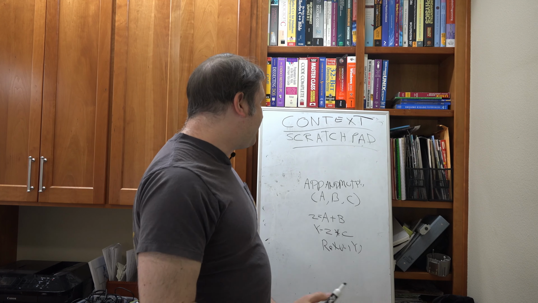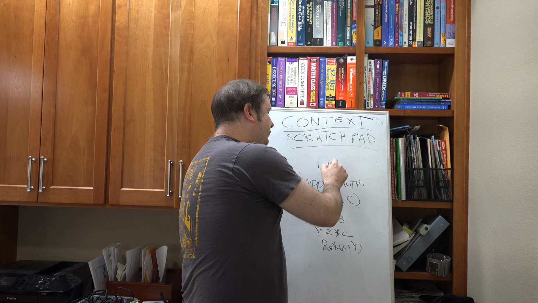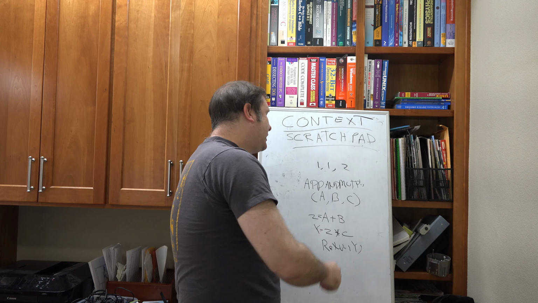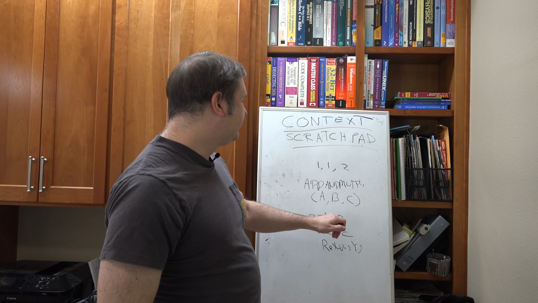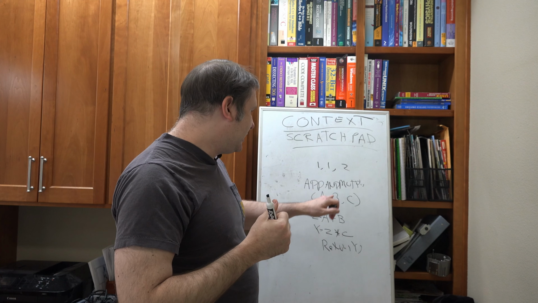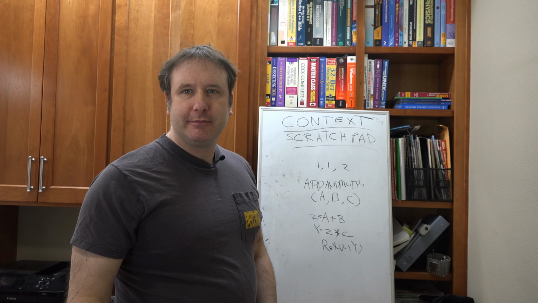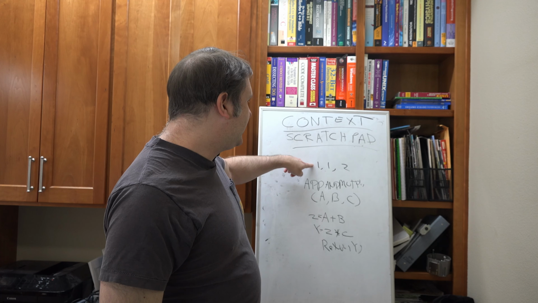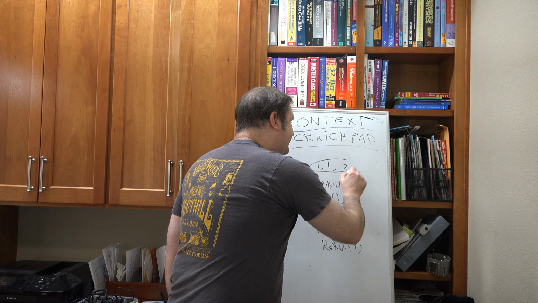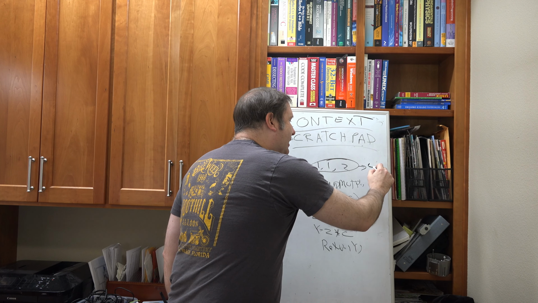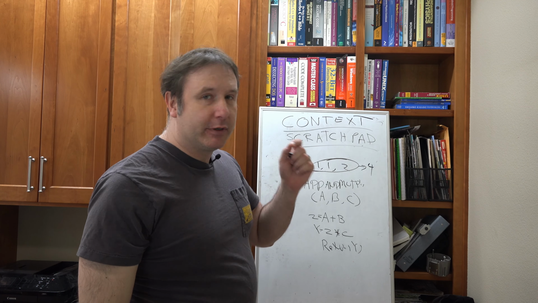So if I passed in 1, 1, 2, it will take 1 plus 1, you get 2, then multiply by 2, get 4, return 4. So with this context of 1, 1, and 2, I get 4.